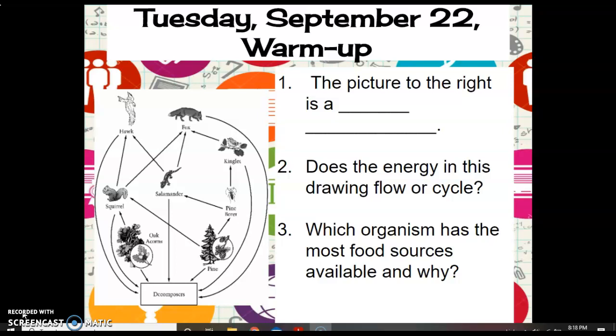The hawk looks like it's tied with the fox, but it actually is not. The hawk, when it dies, its energy goes to the decomposers. So there's only two food sources for the hawk and three for the fox. And there's a few others that have two. Anyway, there you go for the answers for that.